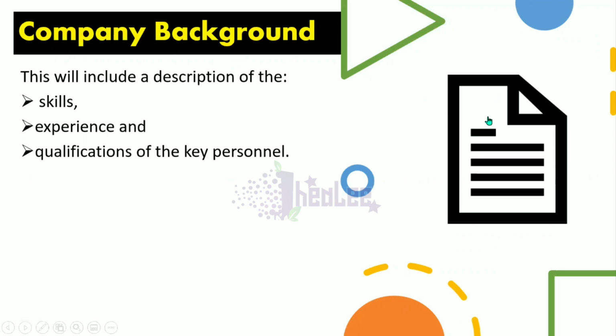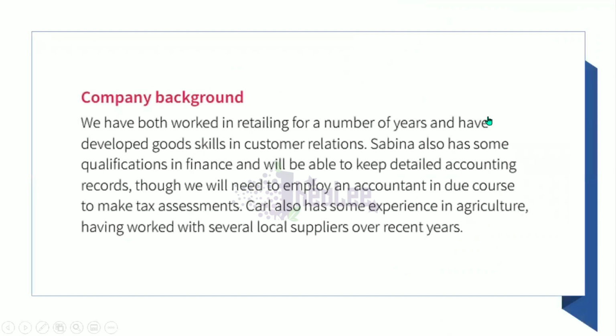Let's look at an example of the company background. It reads, we have both worked in retailing for a number of years and have developed good skills in customer relations. Sabina also has some qualifications in finance and will be able to keep detailed accounting records, though we will need to employ an accountant in due course to make tax assessments.